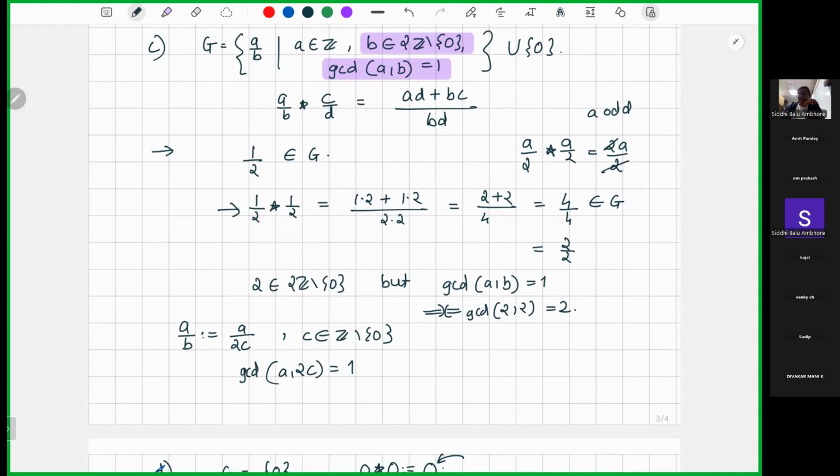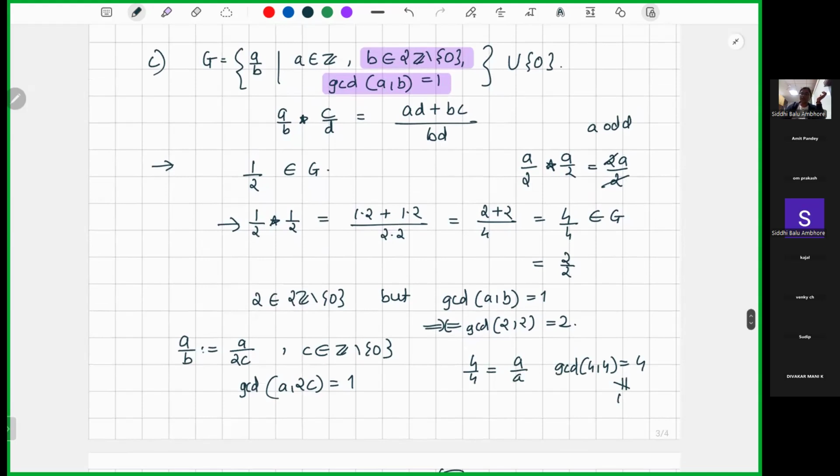And here when I get this 4 by 4, or 2 by 2 here, this is my A by A, and GCD of 4 by 4 is 4, which is not equal to 1, the second condition which must be satisfied.